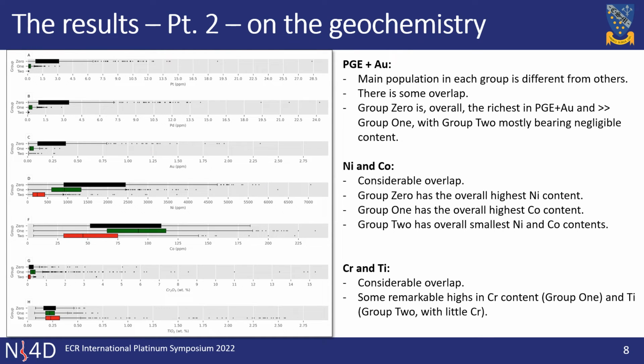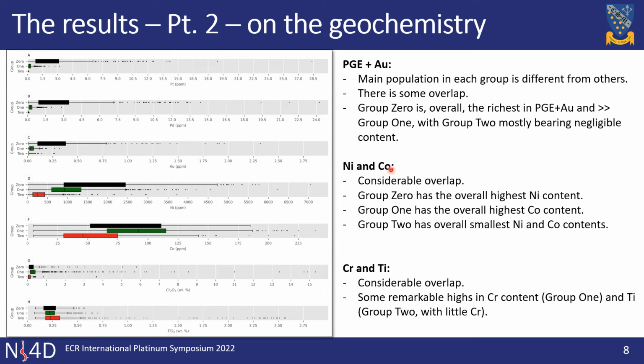So now on the actual geochemical results, we can see that the 3 groups have different behaviors regarding the features, in this case platinum, palladium, gold, nickel, cobalt, chromium, and titanium. So regarding platinum group elements plus gold, every group has a different behavior in terms of content. There is some overlap across groups. Group 0 is overall the richest in PGE plus gold, with group 1 and group 2 bearing mostly negligible content.